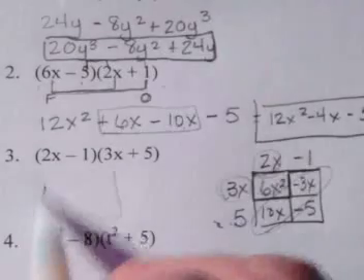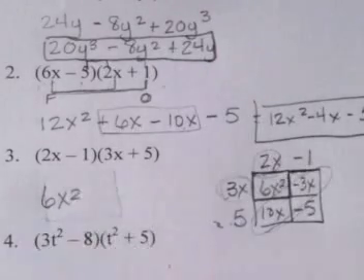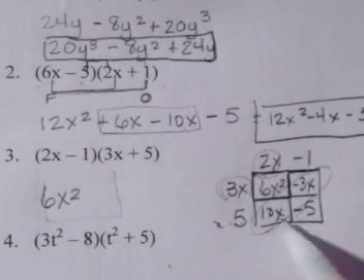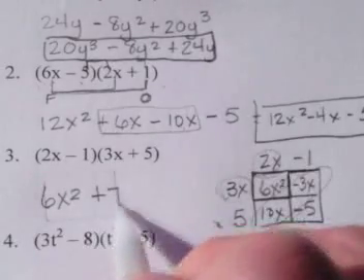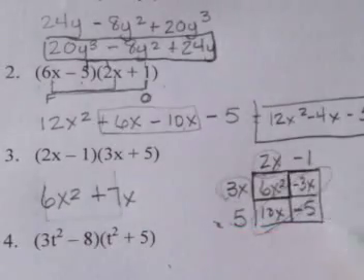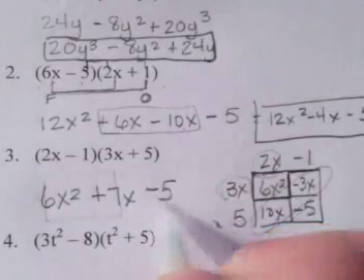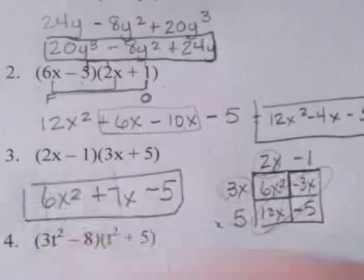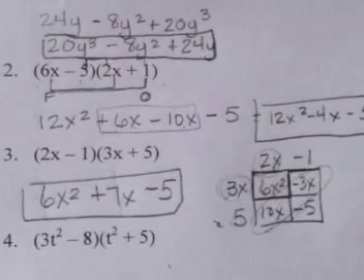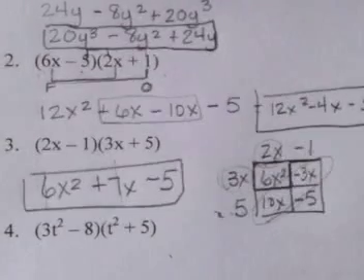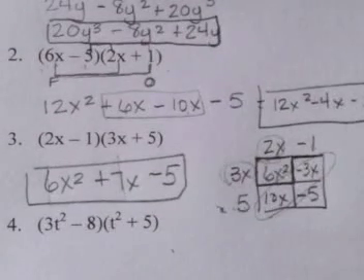So I need to combine those in my final answer. And I get 6x squared. Negative 3x plus 10x is 7x. And then minus 5. So here's how I would write my answer. You are welcome to multiply binomials either by FOILing or by using the box, whichever suits you best.